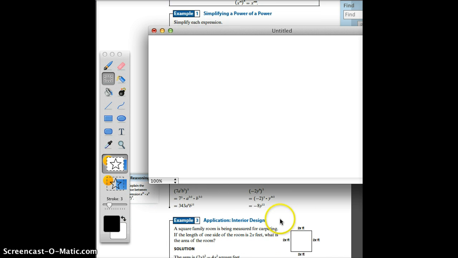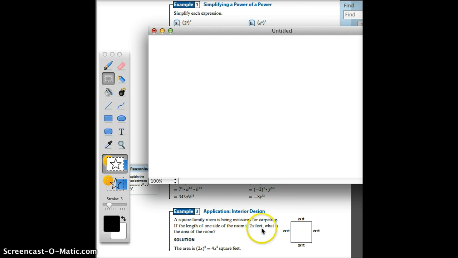Let's go to example 3 here. Example 3: a square room is being measured for carpeting. If the length of one side is 2x feet, what is the area of the room? Remember, for the area of the room, if it's a square, then that would be one of these sides squared.